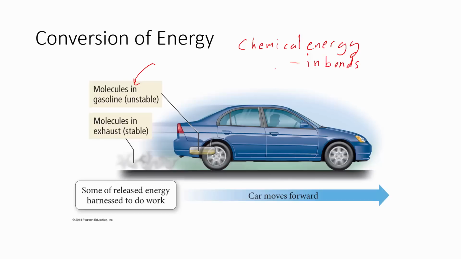What can happen is these bonds can rearrange to a more stable configuration, and that energy, that difference between the less stable and the more stable configuration of attachments results in a release of energy to the system that it is working in.